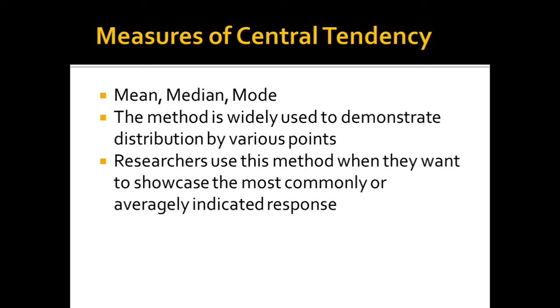Mean is what we call the average, median is called the central value, mode is called the most frequently occurring value. So there are three purposes of this mean, median, mode. If you want to fulfill those purposes, you must apply mean, median and mode.